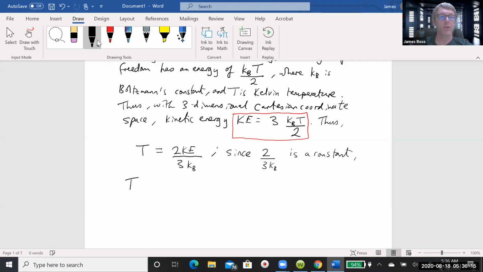So we know the temperature is equal to a constant multiplied by kinetic energy. So we've got our first real glimpse of what temperature is, at least from the kinetic theory point of view. So temperature is something that's proportional to kinetic energy. The symbol means proportional to kinetic energy.